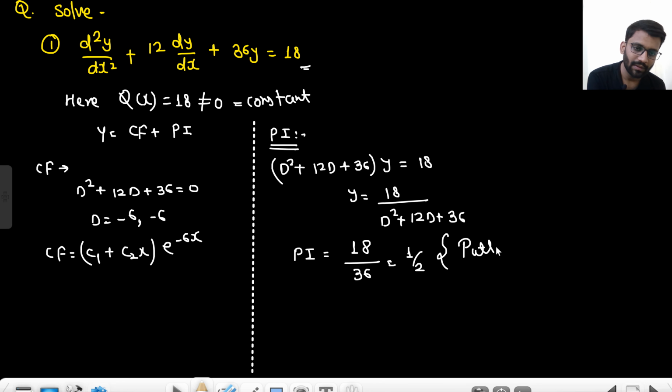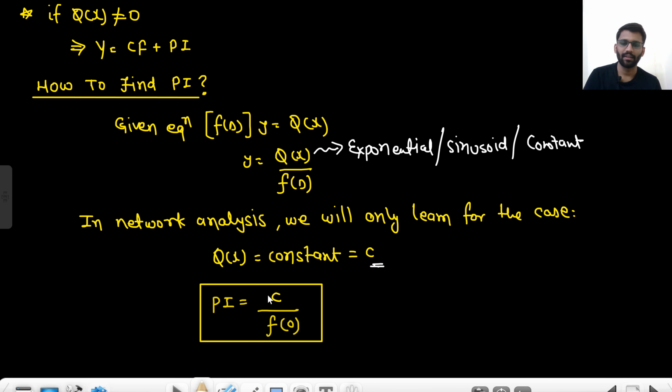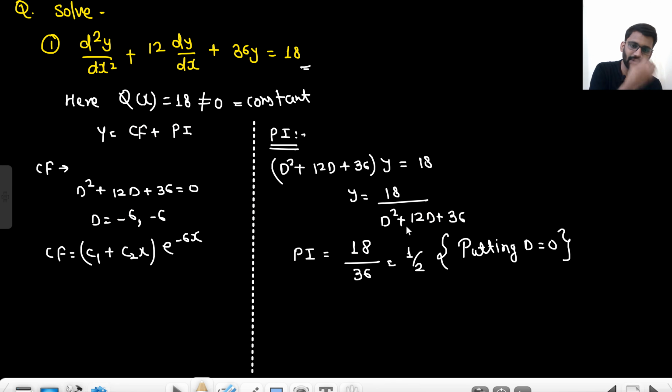Putting D equals 0, just like I have explained: put D equals 0 in f of D. So this is our f of D. You just put D equals 0. So your answer is 18 by 36 equals 1 by 2.